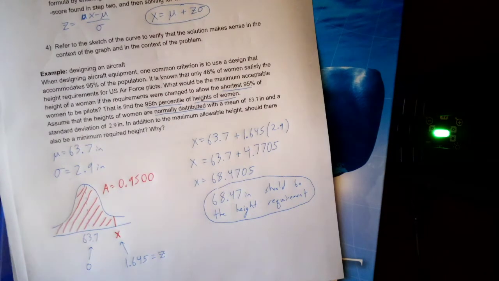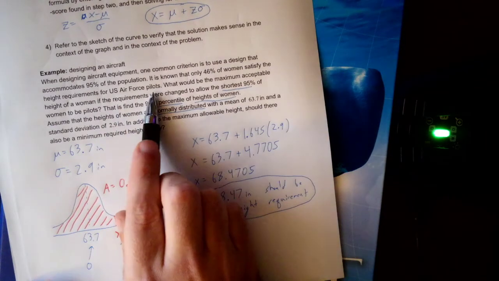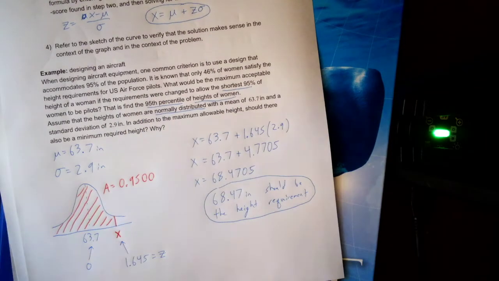But there might also want to be a minimum height. And in the Air Force, there are minimum and maximum height requirements. That is a real concern for Air Force pilots, right? When you're making a super expensive military plane, you want to make sure that your pilots fit within a certain range of heights, both men and women, so that they can fit comfortably and still reach all the controls, right?